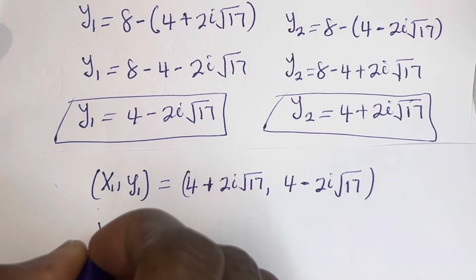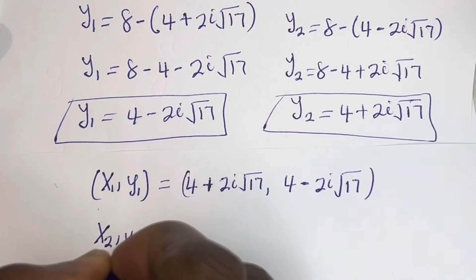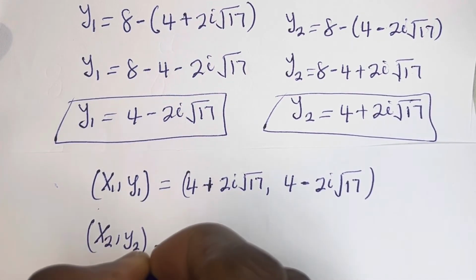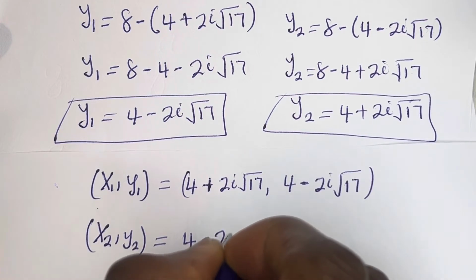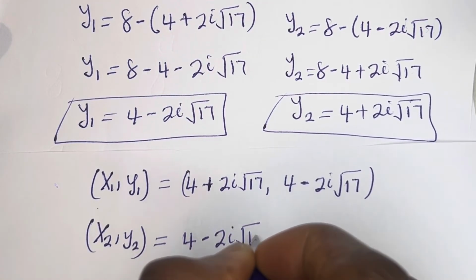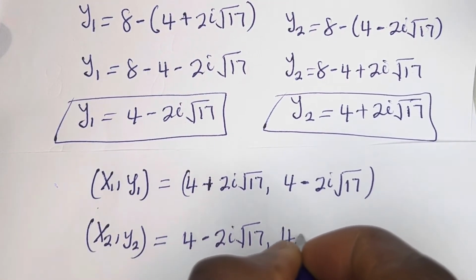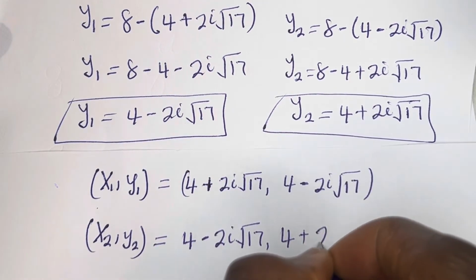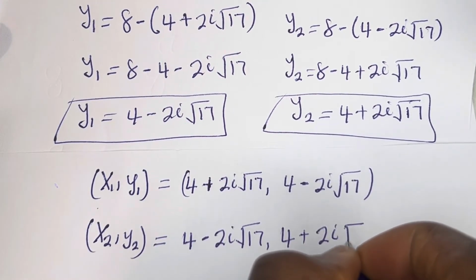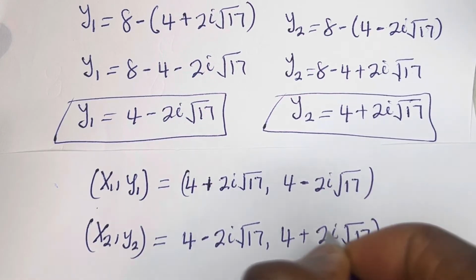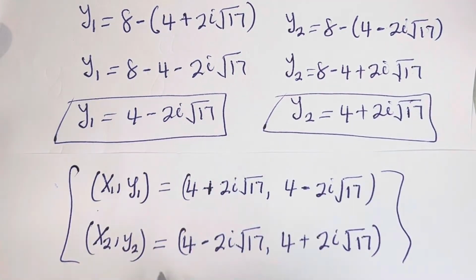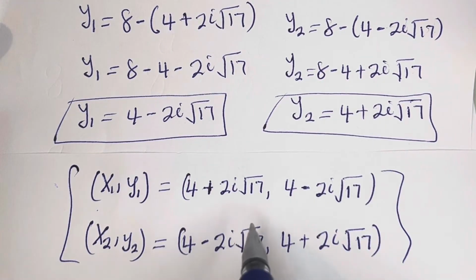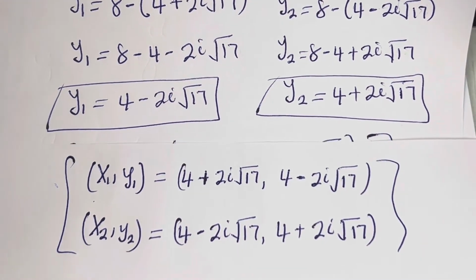Also, s2, y2 is equal to 4 minus 2i square root of 17, 4 plus 2i square root of 17. These are the values of s and y. We may check to confirm if this answer is right or wrong. Let's check.